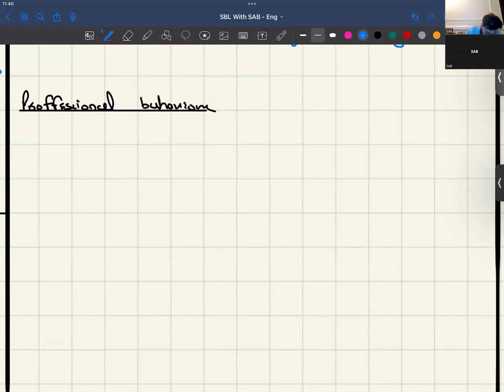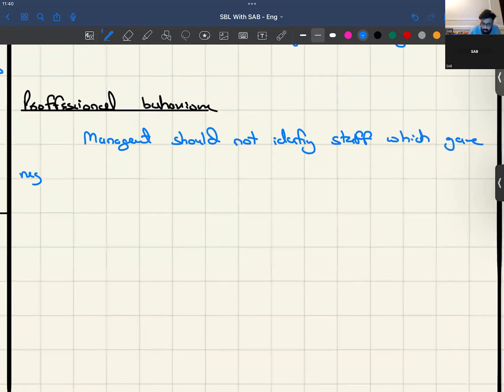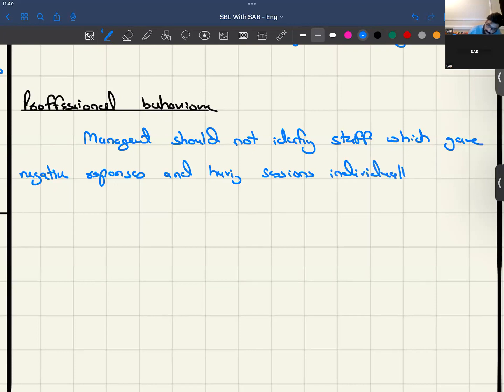So apparently management should not identify staff which gave negative responses, and have sessions individually with them.